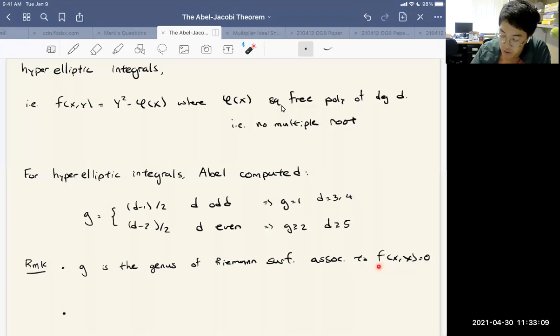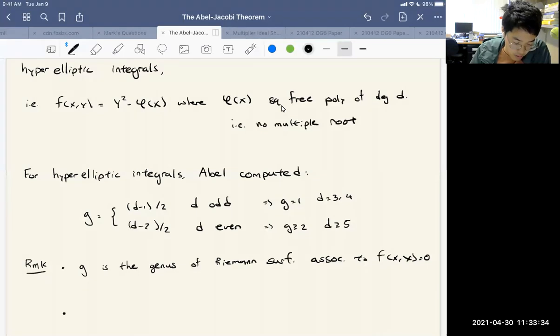So I have this polynomial in two variables. It defines for me some affine algebraic variety inside of C2, which is dimension 1. And in some way, I can cook up a Riemann surface from that, and we'll talk about that in just a little bit. And this number g that Abel is coming across is the genus of such a Riemann surface.